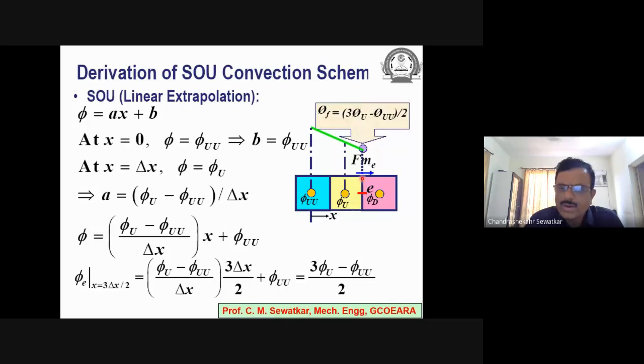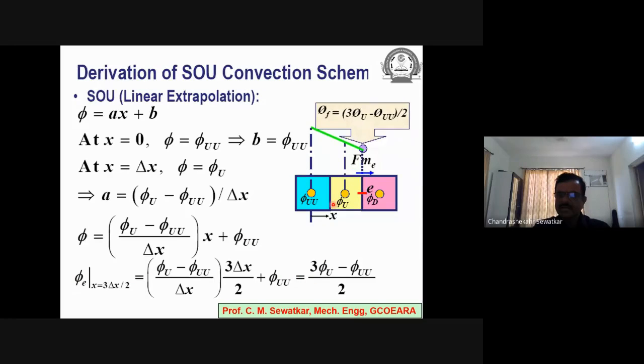So now my phi e is expressed in terms of cell center values. But this is the extrapolation. I have used two upstream values to determine the value of phi e.